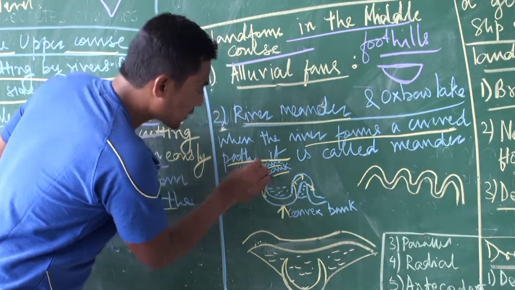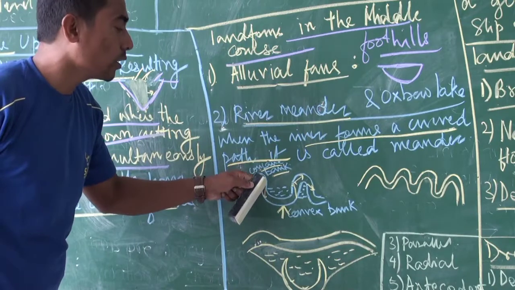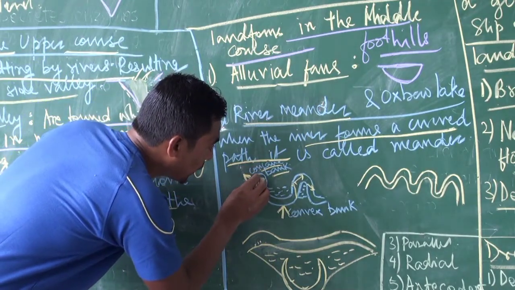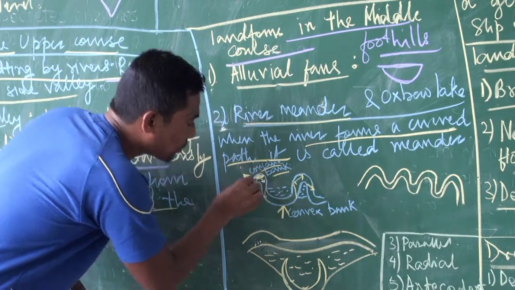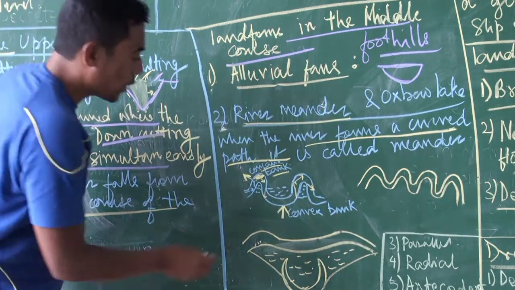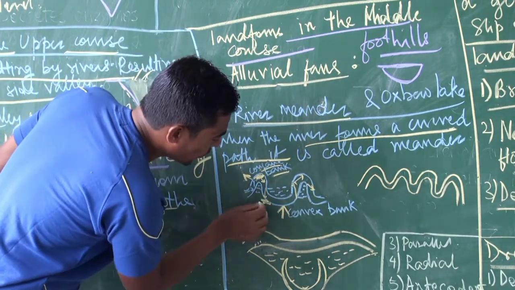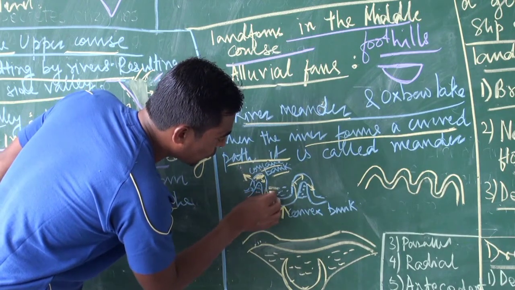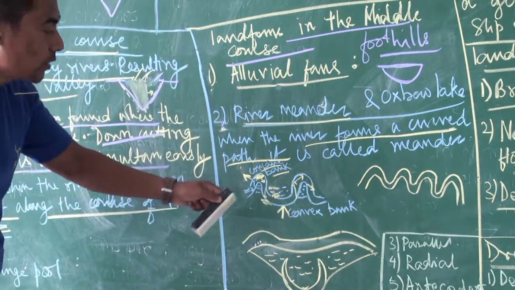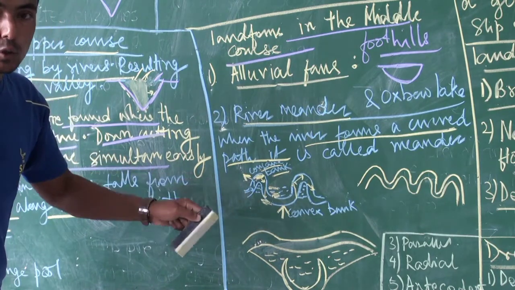Here there is more erosion that takes place, whereas out here there is more deposition that takes place on the convex slope.